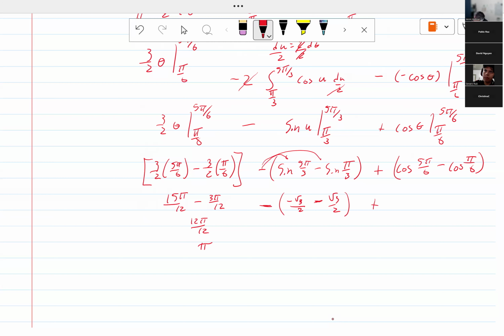Plus the cosine of 5 pi over 6, that's a negative radical 3 over 2, because it's in the second quadrant, minus the cosine of pi over 6, which is radical 3 over 2. Now, if I distribute this negative sign, everything cancels, cancel, cancel, cancel, and the answer is pi.